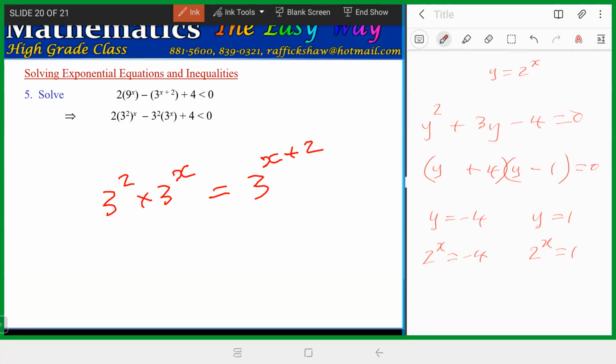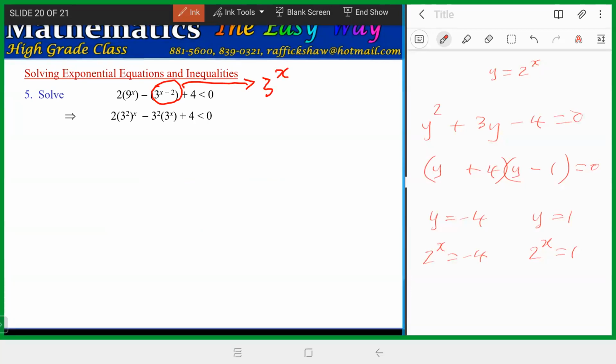So in this example, I'm coming back this way. Because I have this, I realize that this right here is the same as 3 to the x times 3 squared. I just put the 3 squared in front. That's all I did.